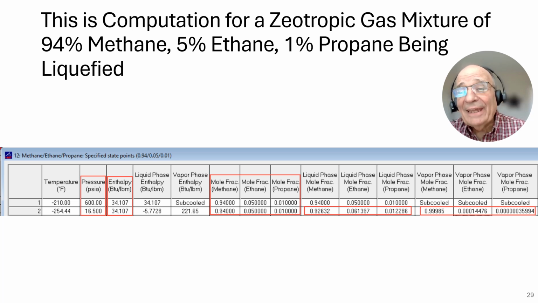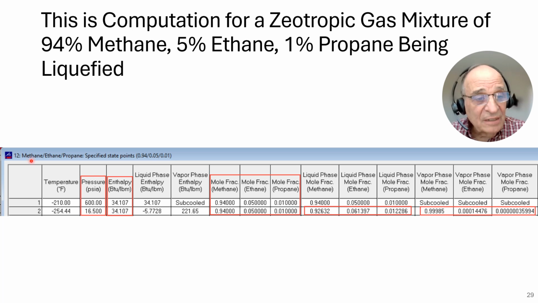Where did I get that data that I just showed you? Well, I got it from RefProp. It's nothing more than a thermodynamics program, and I plotted out the pH diagram and then overlaid it with the lines that I drew onto the pH diagram. But I needed to get the values, so I went to the computational section of RefProp, and I put in for the gas 94% methane, 5% ethane, 1% propane.